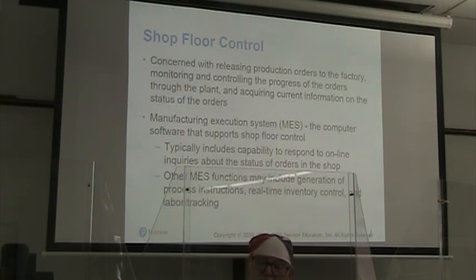Typically, this is going to include a capability to respond to online inquiries about the status of orders that are in the shop. Other manufacturing execution system functions may include generation of process instructions, real-time inventory control, and labor tracking.